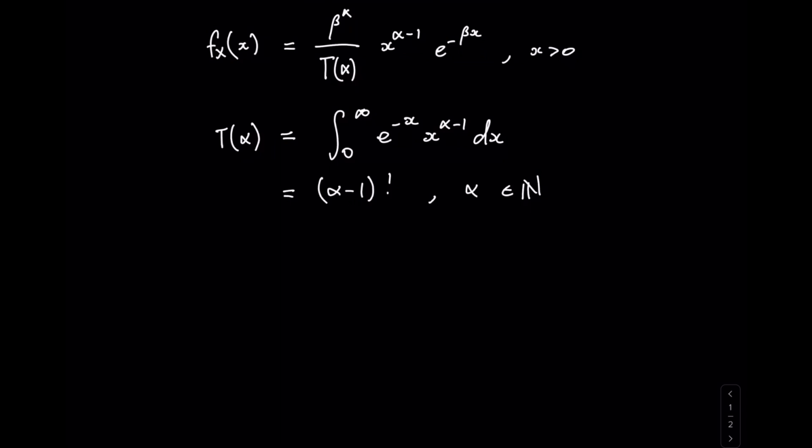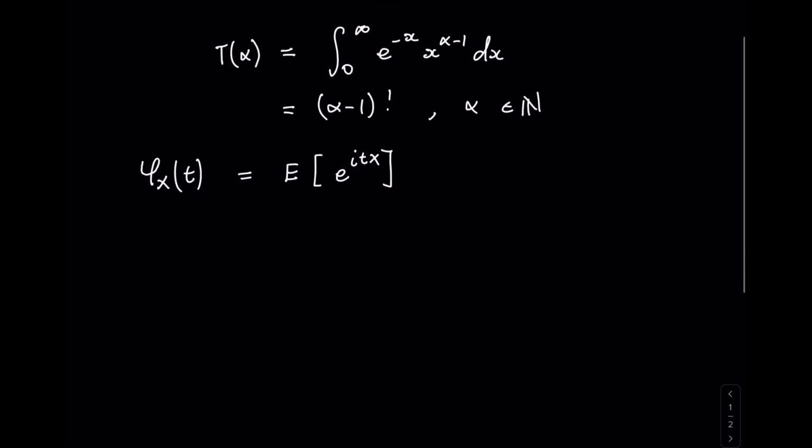And that characteristic function is going to look something like this. phi_X(t) is equal to the expected value of e to the itX, by definition of what the characteristic function is.